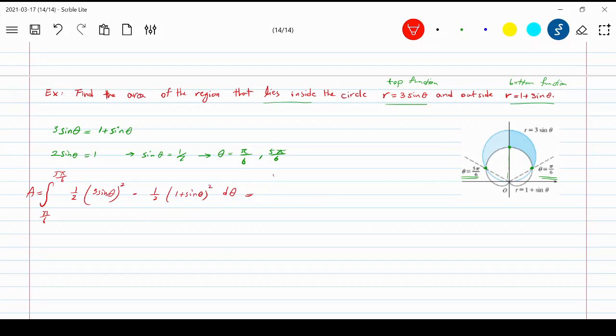This is the same as calculating from pi over 6 to pi half. Up to here, figure out what is this area, then multiply the result by 2, so 2 times that.